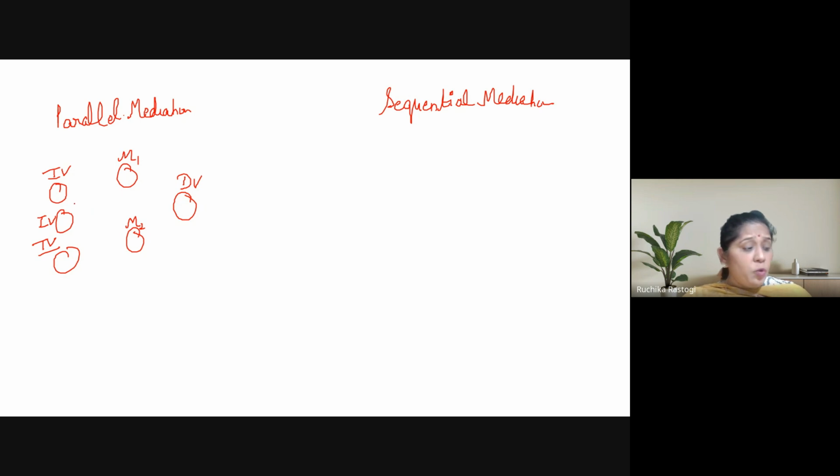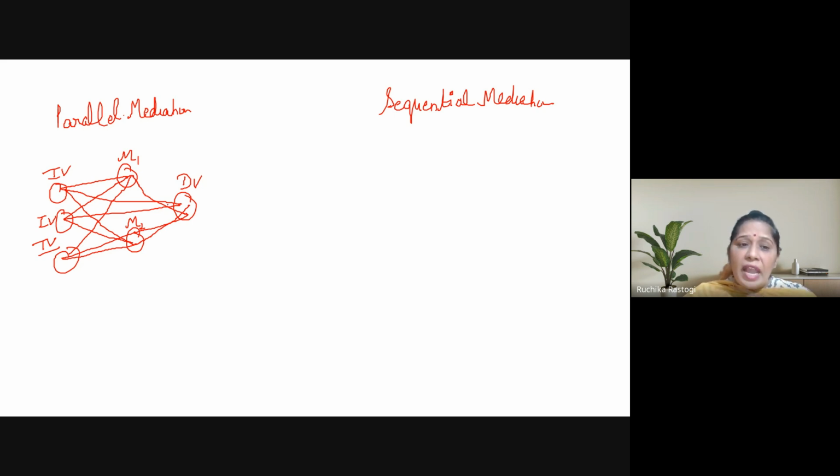So what we will do, all three will be connected to the dependent one, first of all. All three will be connected to the first mediator and the mediator will connect to the dependent variable. All three will connect to the second mediator and then the mediator will connect to the dependent variable.